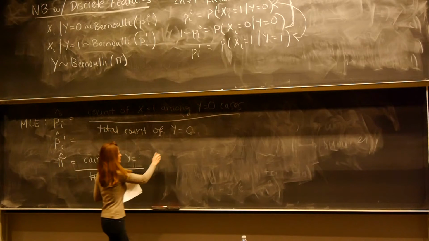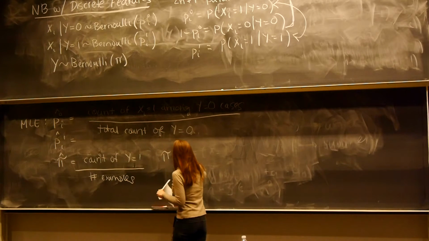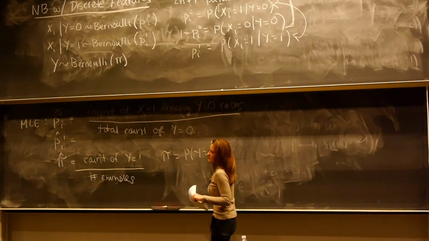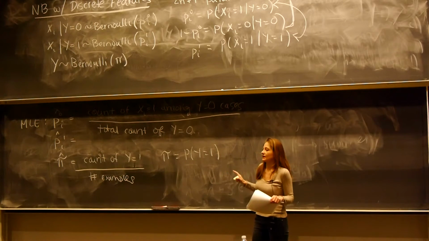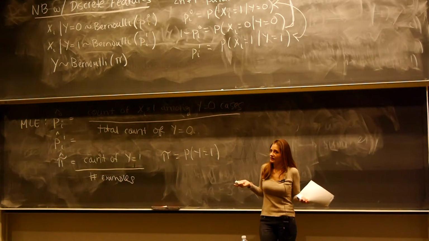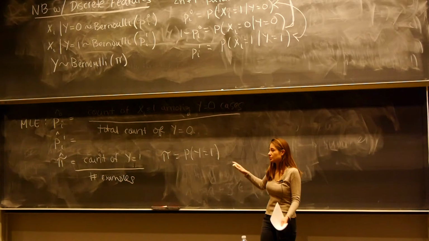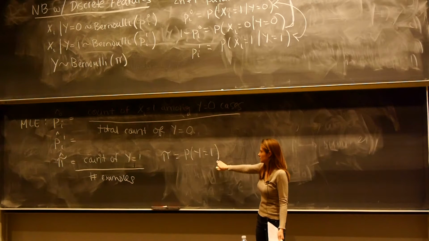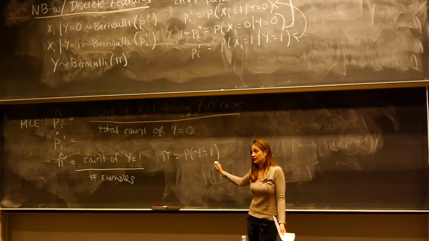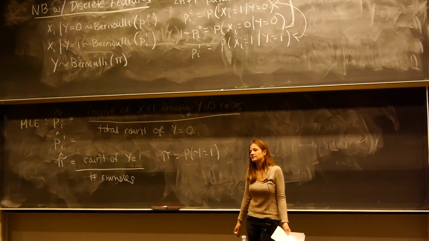Pi represents the probability that y equals 1, right? So how do you get the probability that y equals 0? 1 minus pi. Yeah, so you don't need to define two parameters again, because the probability y equals 1 and the probability y equals 0 are both determined by pi.